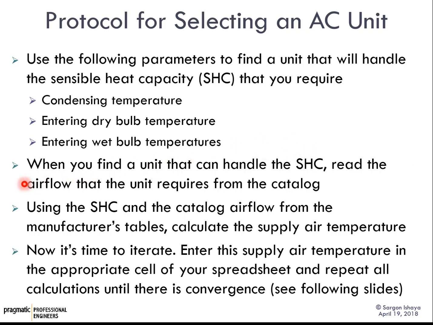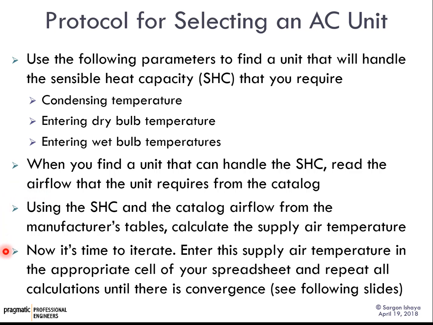We're going to let the unit manufacturer tell us that in order to satisfy that load, this is the airflow that the unit must run at. Using that data, we are going to recalculate the supply air temperature. After the manufacturer has told us what airflow to use, we're going to go back into our spreadsheet and recalculate the supply air temperature so that our system has the same airflow that the manufacturer specified.